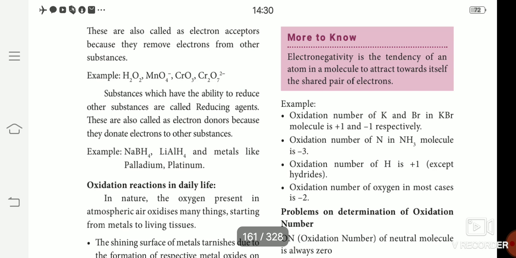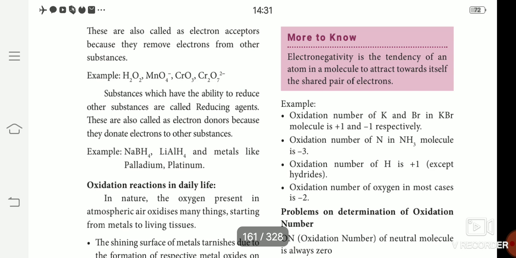So this is one example from our daily life. Then open food items: the surface area of food that is opened reacts with atmospheric air, and the food is spoiled.